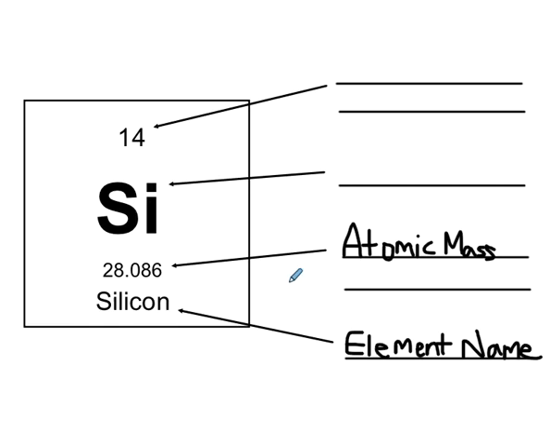So we're going to write out the math equation. Mass equals protons plus neutrons.